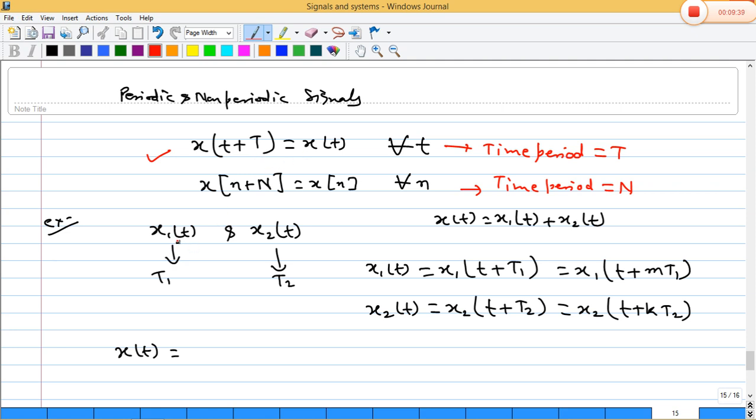Okay, so if I am taking x1(t) and x2(t), two signals with two different time periods T1 and T2, and after adding I get one expression here.